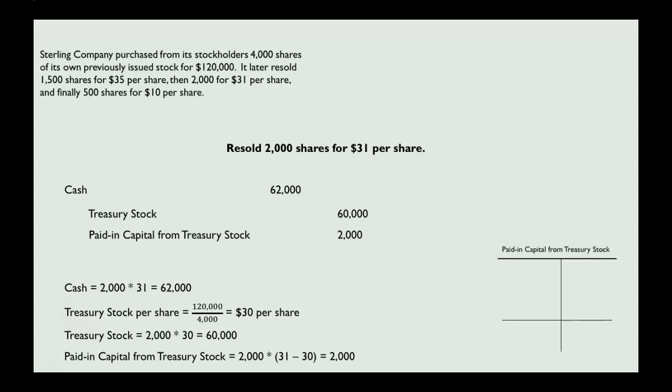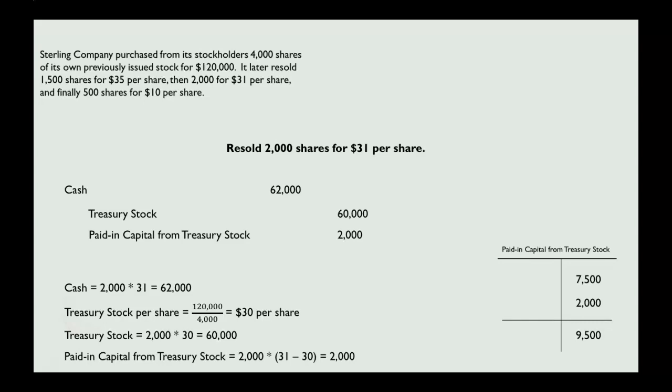Now, before we go any further, let's make a T account for our paid-in capital from treasury stock. So, in our first entry, we credited our paid-in capital from treasury stock, 7,500. In this entry, we credited 2,000. So right now we have a credit balance of 9,500 in our paid-in capital from treasury stock.